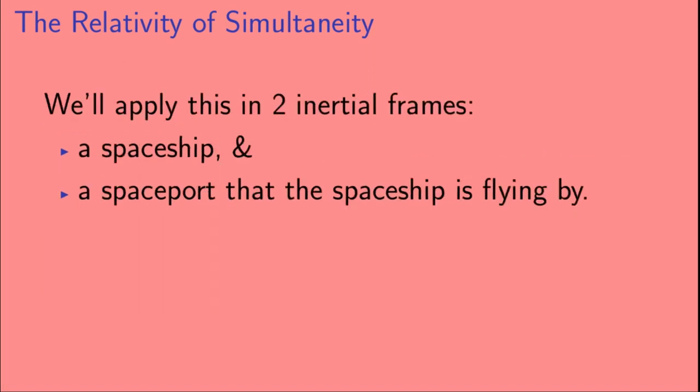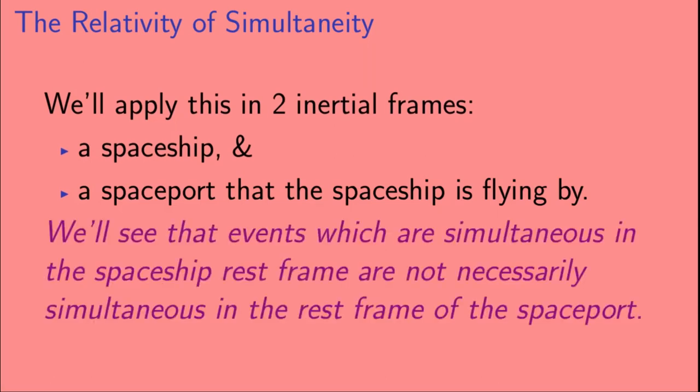We will apply these axioms in two inertial frames. One, a spaceship, and two, a spaceport that the spaceship is flying by. We will see that events which are simultaneous in the spaceship rest frame are not necessarily simultaneous in the rest frame of the spaceport.